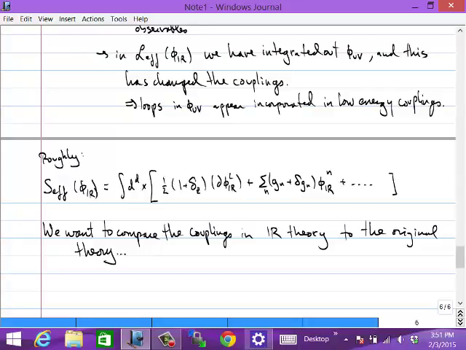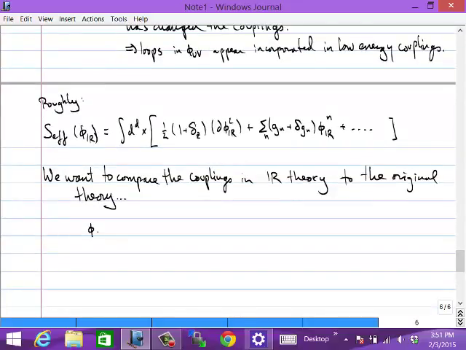Now, unfortunately, if you think about it, we can't really just compare this effective action that I've written here to the original action that we had for the theory. The reason being that these are theories that are defined for different sets of dynamical degrees of freedom.